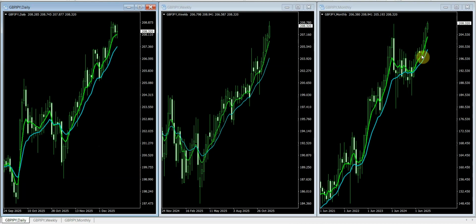By trend is up, I don't really have to say much about it. It's very visible in front of your eyes that on the monthly the 5 is above the 12, on the weekly the 5 is above the 12, and it's above the 12 on the daily as well. Now, what this does is this basically helps you with the consistency part of it. In fact, to a very large extent, it will even help you in your discipline, right?